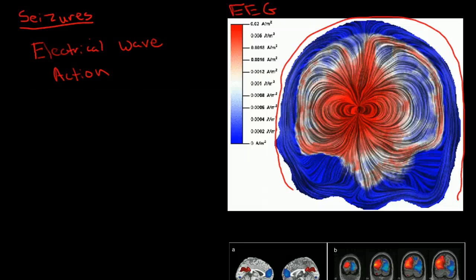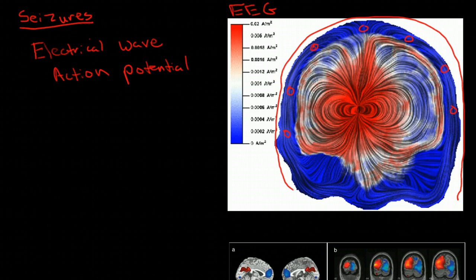Now, when you're measuring an EEG, you usually put a collection of electrodes all over the scalp. Each of these electrodes measures the movement of action potentials, so the propagation of an action potential from one direction to the other.